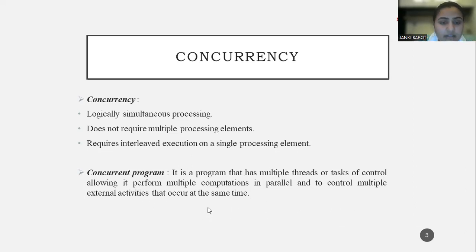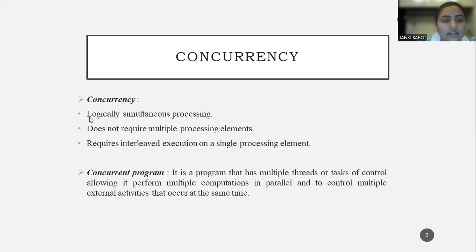I'm again reading that it is a program that has multiple threads or a task of control, allowing it to perform multiple computations in parallel mode, and to control multiple external activities that occur at the same time.